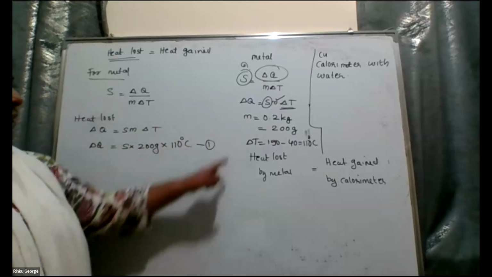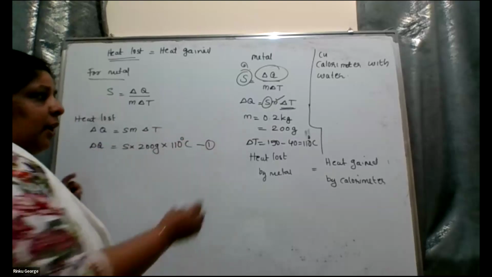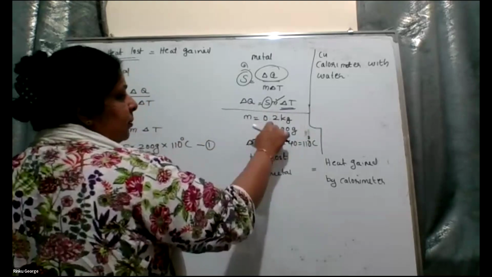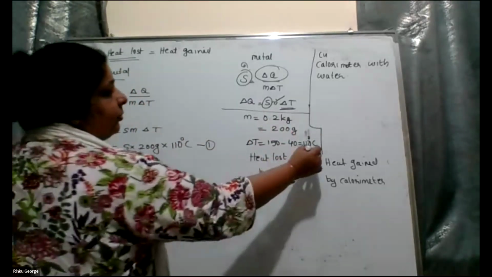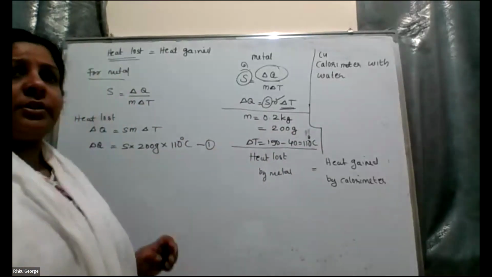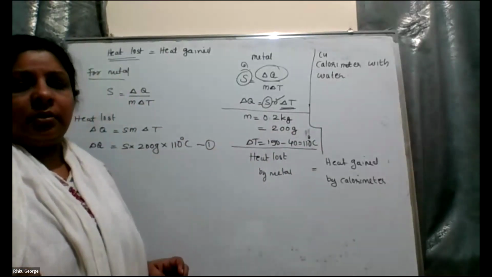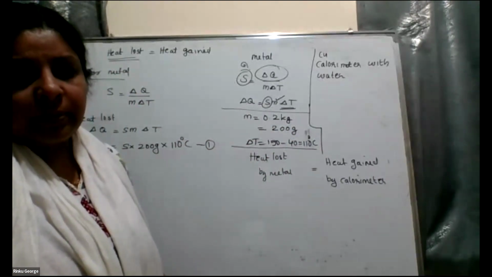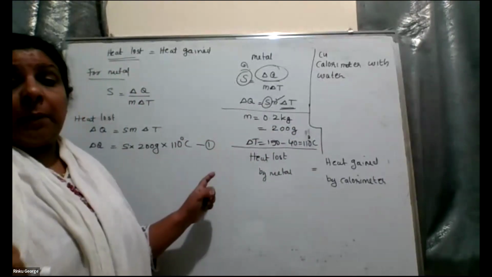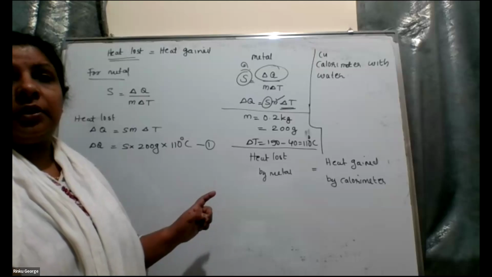All this you should show on the side, okay? Mass is 0.2 kg, 200 gram. Delta T is this much. How is that 150? It is given in the question. The metal is at 150. Read the question.